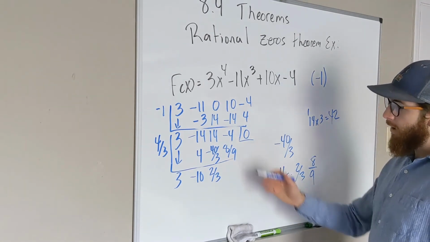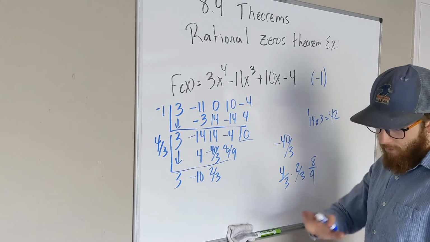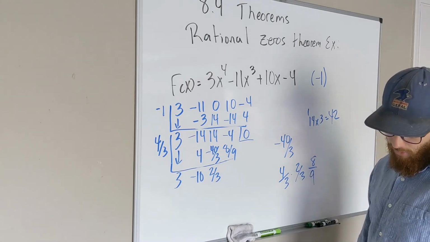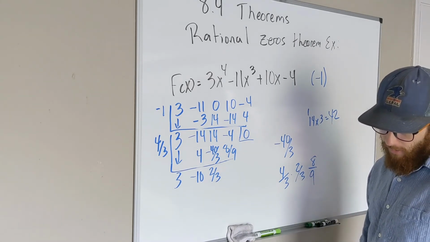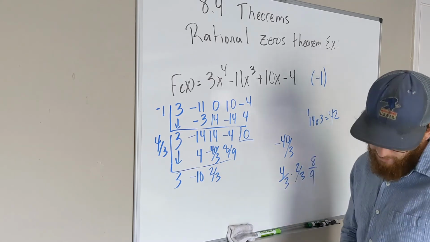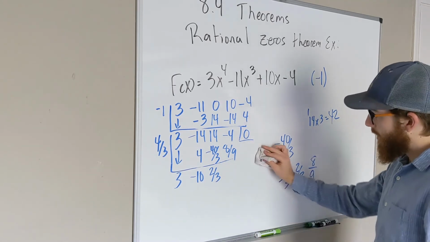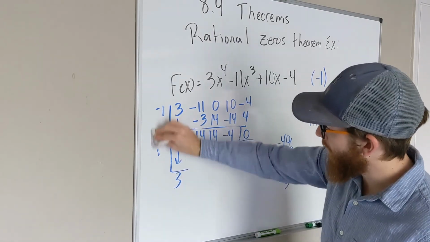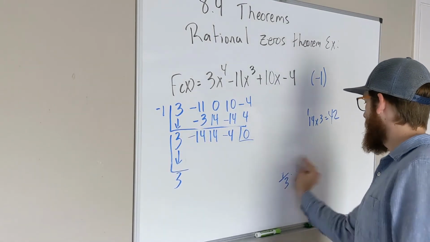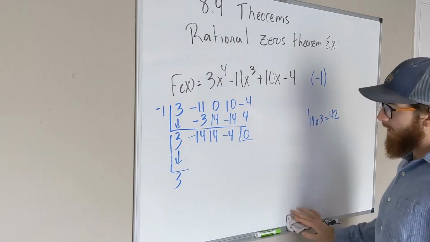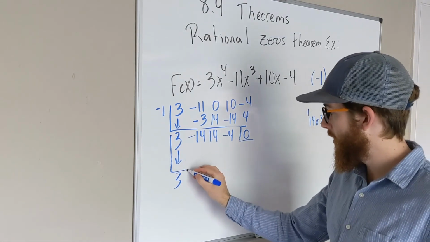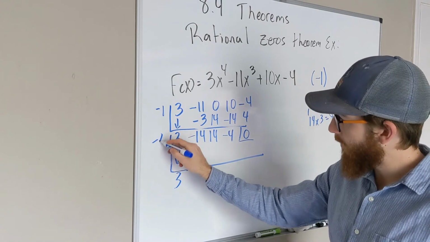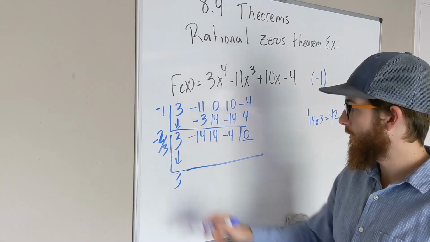Okay, so 8/9 and negative 4 don't work, and so we need to cancel that one out. It doesn't work. Okay, so positive 4/3 doesn't work. Let's see. How about negative 2/3?